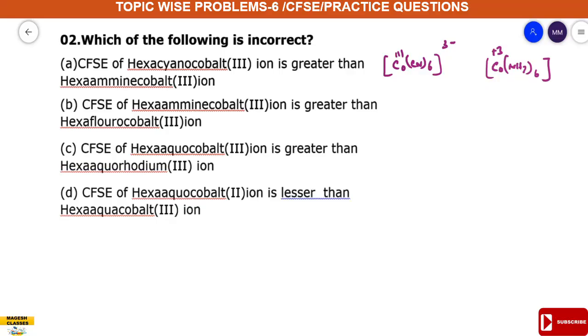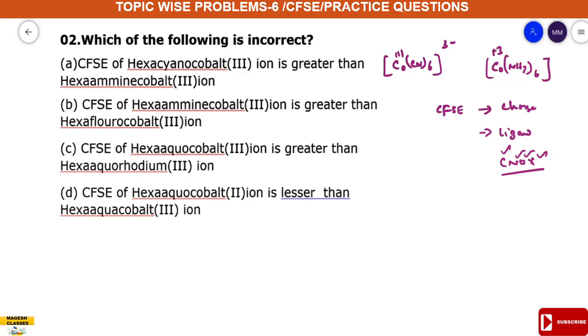In this case, the factors affecting CFSE are, one, the charge. In both cases, the metal atoms have the same charge, +3. And second, the type of ligand. So it is based on the spectrochemical series. Simply you can remember CNOX: carbon ligand, nitrogen ligand, oxygen ligand, and halide ligand.